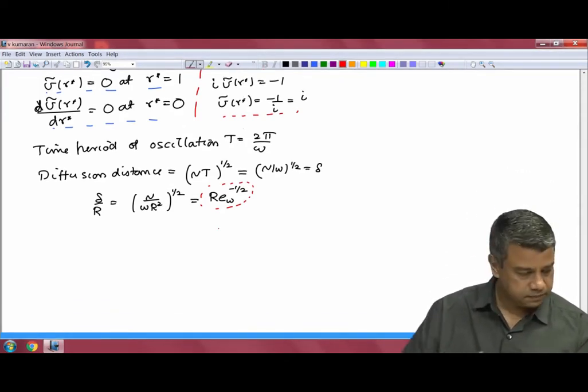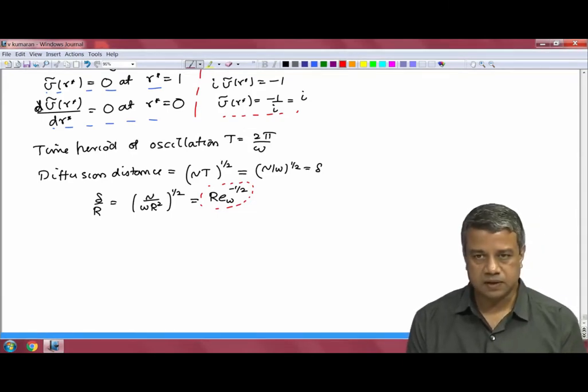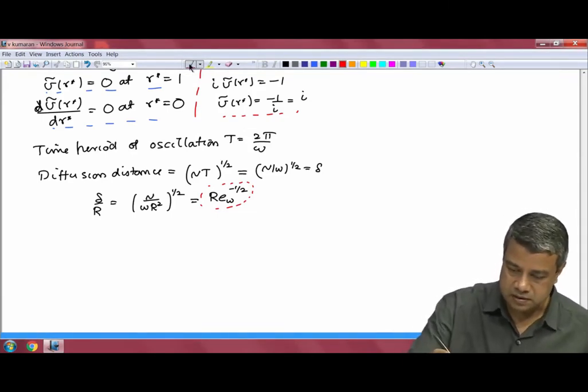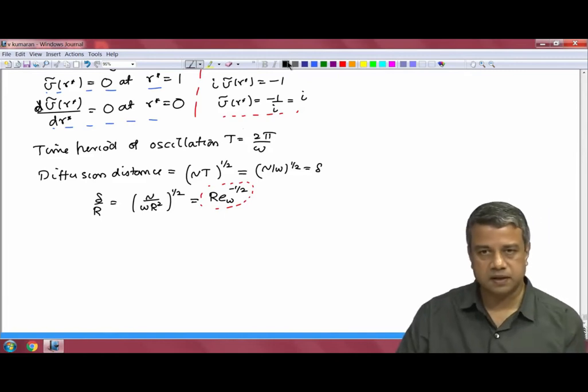So, how do we include this term? The way it is done is to define a scaled coordinate.